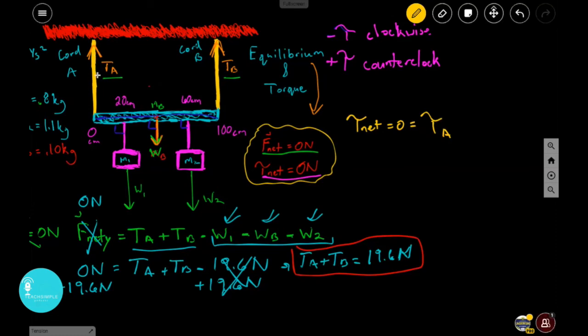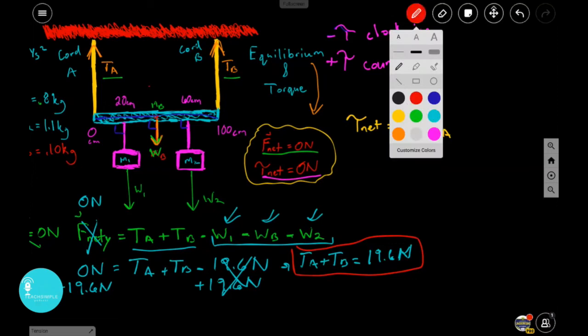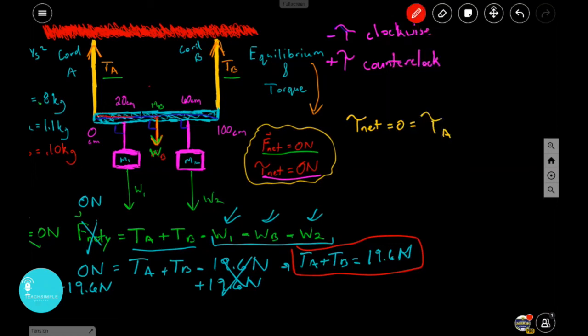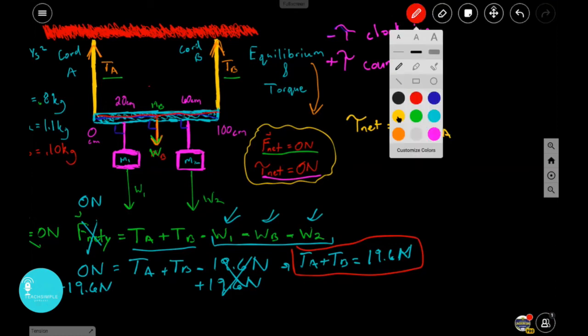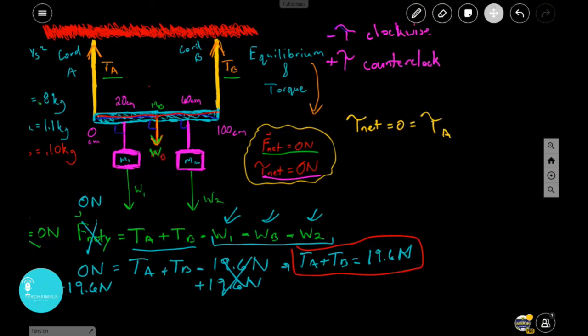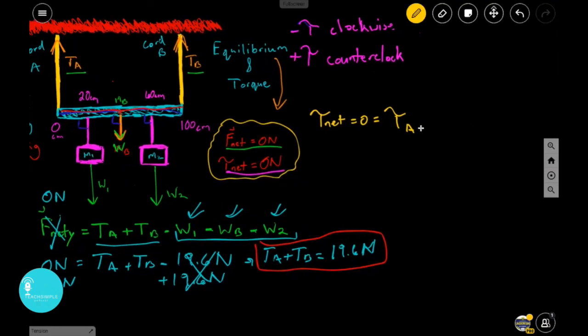So this also has some type of torque. Same thing with this tension here, okay? Because it's perpendicular to the radius of this bar, therefore there's some type of torque. So we have torque A plus torque B, and both of these are positive because this is counterclockwise.